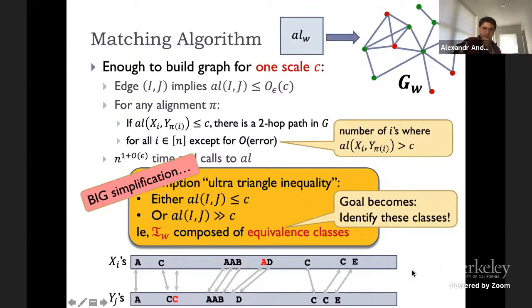And I should say that this assumption of ultra triangle inequality is a huge simplification. Probably the amount of work done to go beyond this is more than the work done to solve this case.